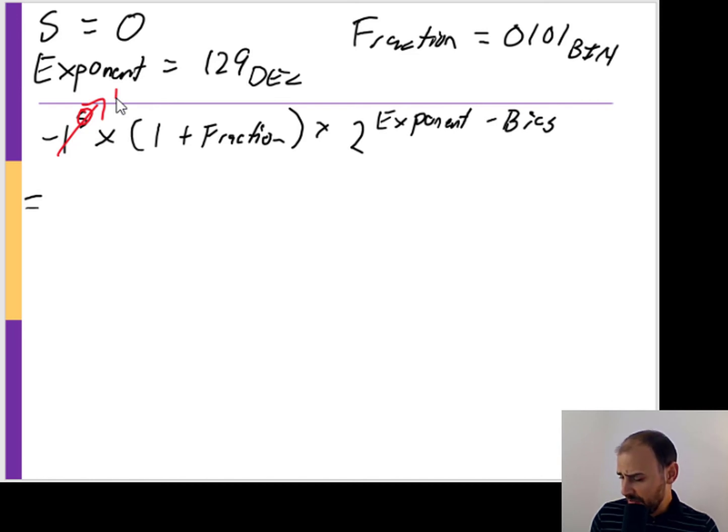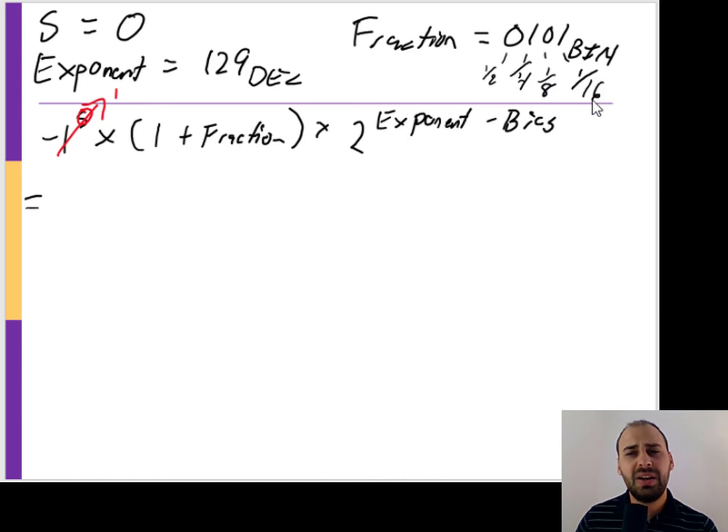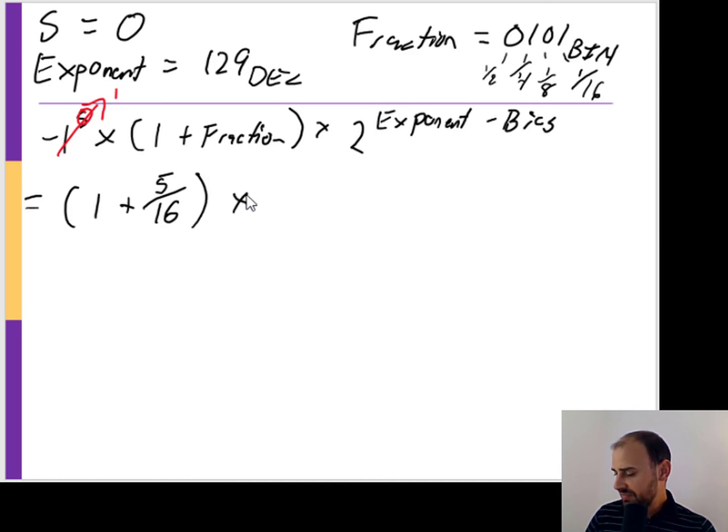So what is our fraction? Let's remember that this bit represents 1/2, this one's 1/4, this one is 1/8, and then we have 1/16. So we can represent this in terms of 16ths. We're going to have 1 plus 5/16, times 2 raised to the exponent.